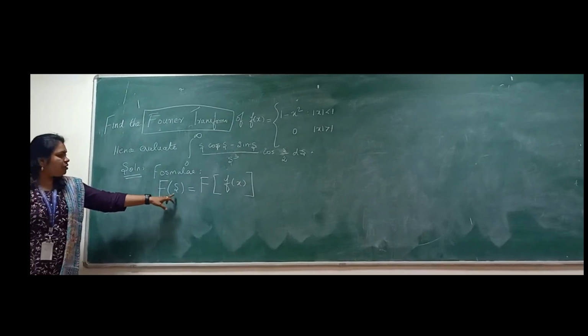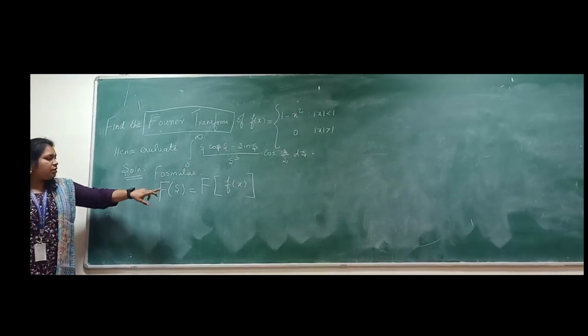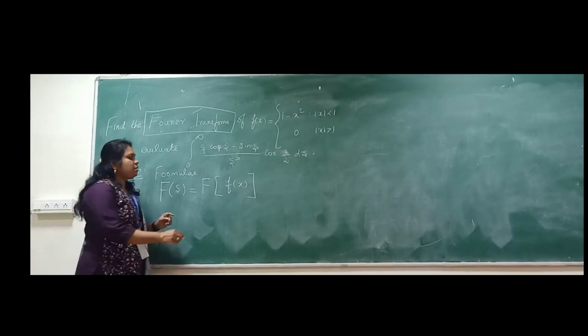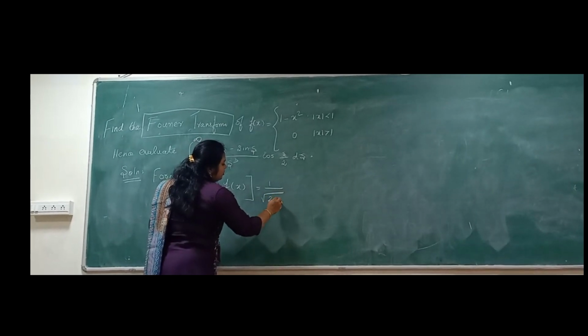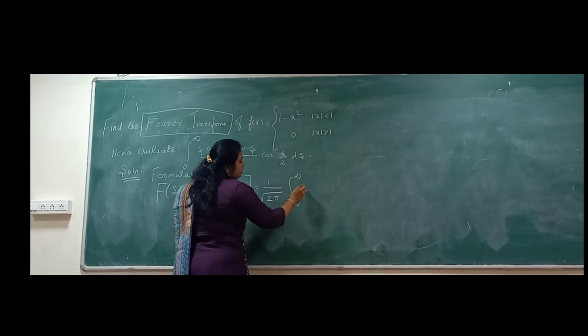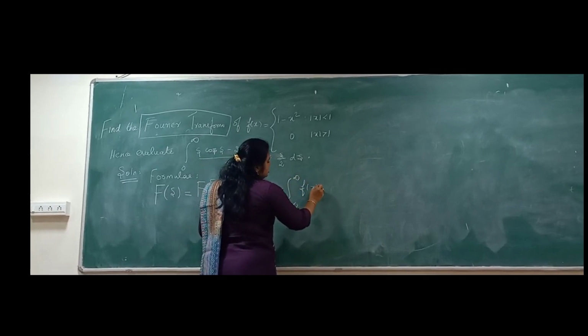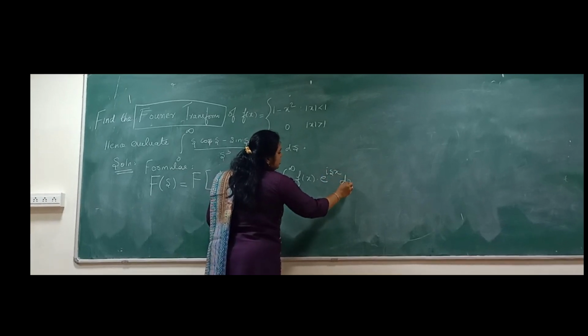This is the Fourier transform definition, which is 1 by root of 2 pi times the integral from minus infinity to plus infinity of f of x e to the power i s x dx.